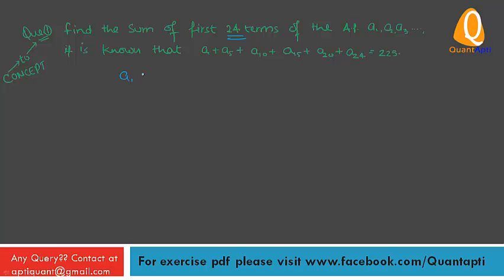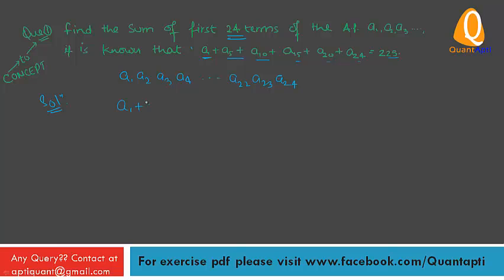So the AP is a1, a2, a3, a4 and so on, a22, a23, a24. If it is known that a1 plus a5 plus a10 plus a15 plus a20 plus a24 is equal to 225, let's solve this question. We know that the sum of the first and the last term, or we can say the sum of the equidistant terms, is always the same.